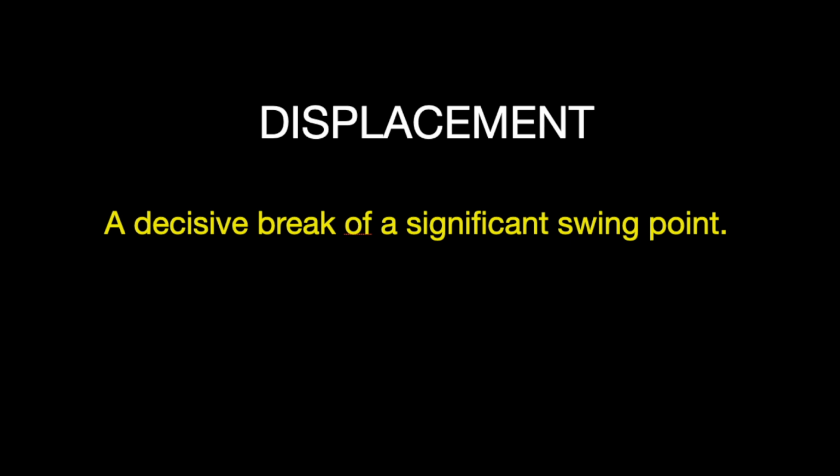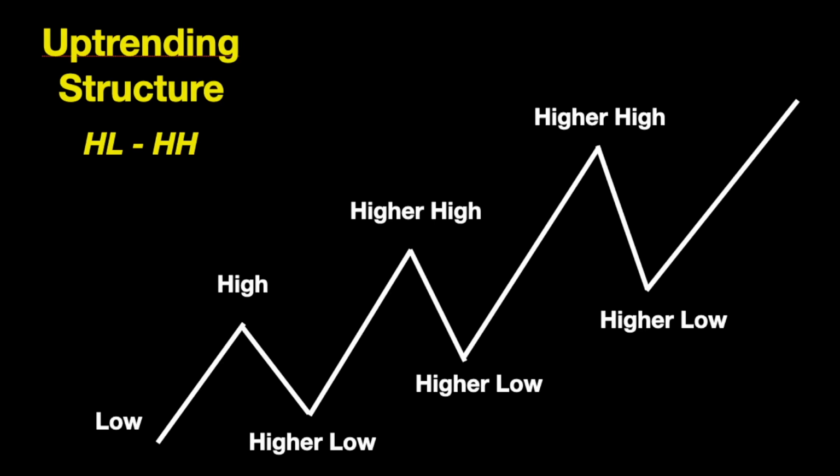In the last video we talked about market structure. Imagine we had an uptrending structure, setting higher highs, higher lows, higher highs, higher lows, and the market is just doing its thing.